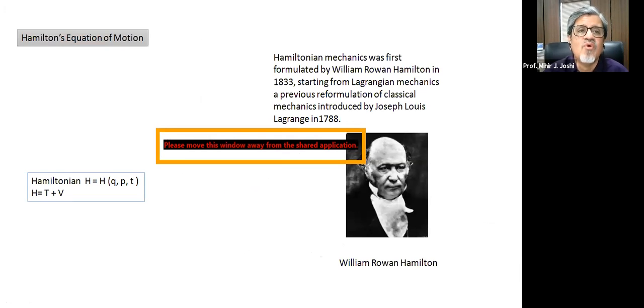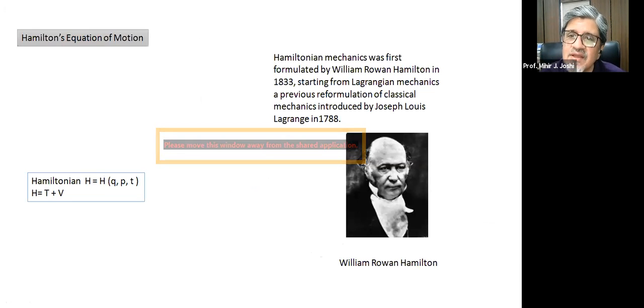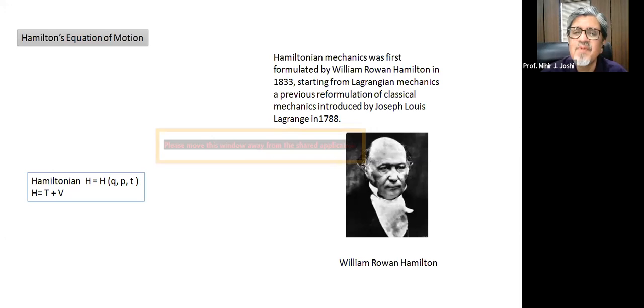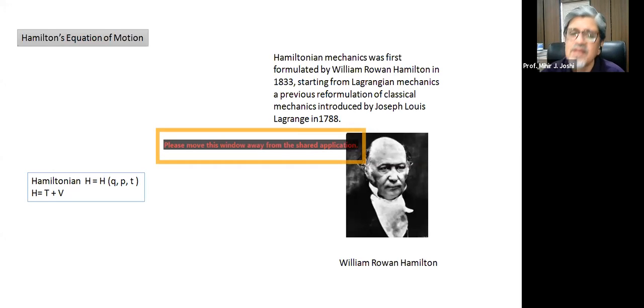Now we come to one more thing, the Hamiltonian equations. Now, Hamiltonian mechanics was first formulated by an Irish mathematician. You will hear all the names of mathematicians. Basically, they are mathematicians, but they have contributed in physics. So their treatment of a problem is via mathematics and particularly through calculus.